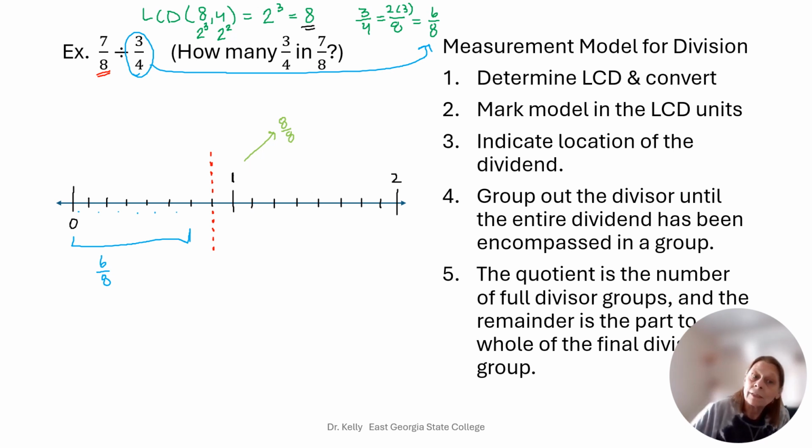Now, notice that the whole bunch of 7/8 hasn't been used yet. We've got stuff left, so we're going to have to count out another 6/8. Okay, so we've got to go another 6/8. So that's 1/8, 2/8, 3/8, 4/8, 5/8, 6/8.